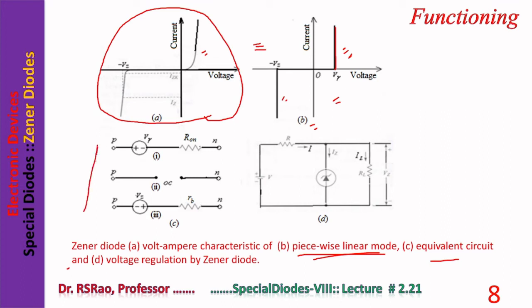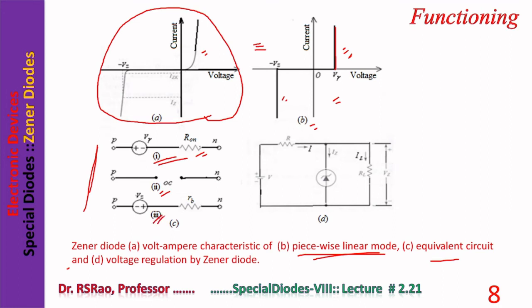This is the equivalent circuit. In 1 is the equivalent circuit of the diode when it is working under forward biased condition. In 2 is the equivalent circuit of the diode when it is under reverse bias, but the reverse bias voltage is less than Vz.